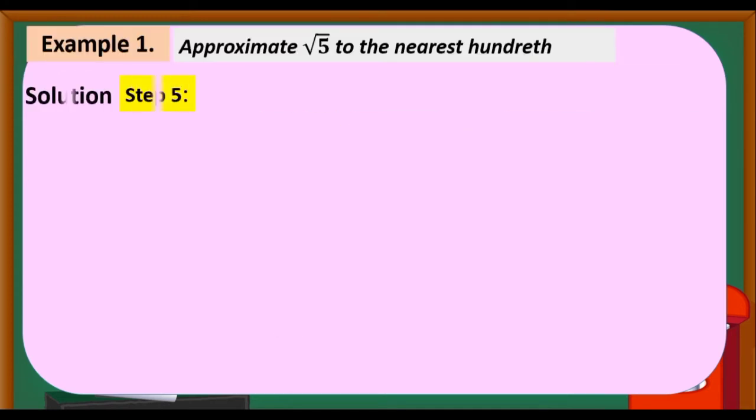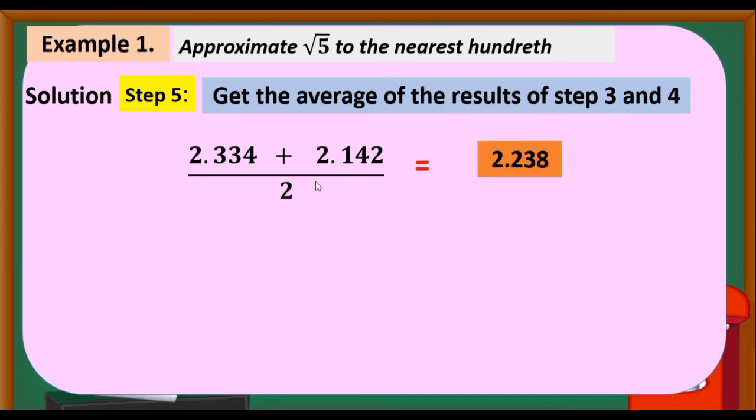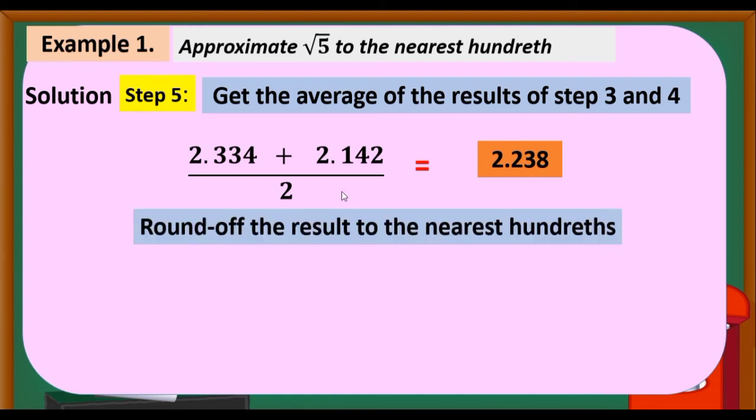Let us now have step 5. Get the average of the results of step 3 and step 4. So, that is 2.334 plus 2.142 divided by 2. And the result is 2.238. Now we round to the nearest hundredth and that will be our answer. Tenths, hundredths. So we look at the 3, and the digit after it is 8.